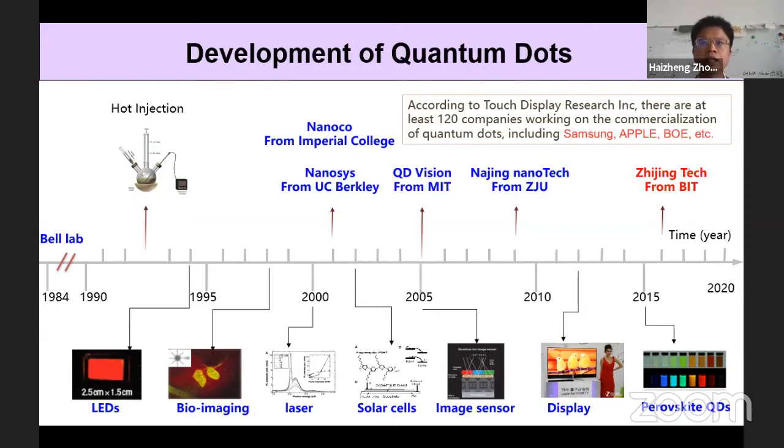In 1994, Professor Alivisatos and colleagues investigated the use of quantum dots as emitters in light-emitting diodes. In 1998, Professor Alivisatos and Professor Shuming Nie from Emory reported the use of quantum dots in bioimaging at the same time.